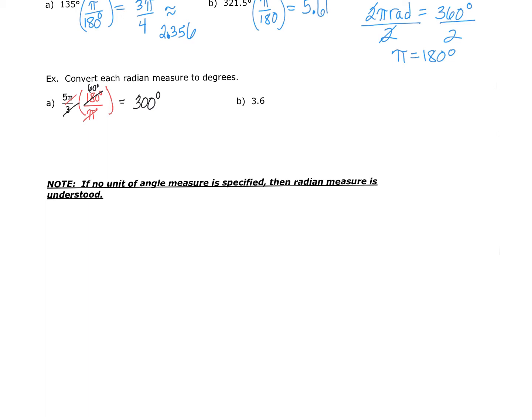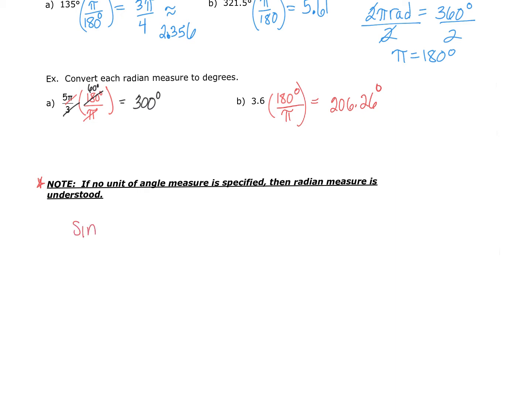Similarly, converting 3.6 to degrees, I'm going to multiply by 180 degrees over pi, and that's going to give me 206.26 degrees, approximately. And again, if no unit of angle measure is specified, then the radian measure is understood.